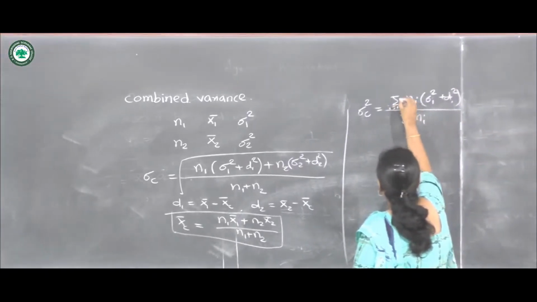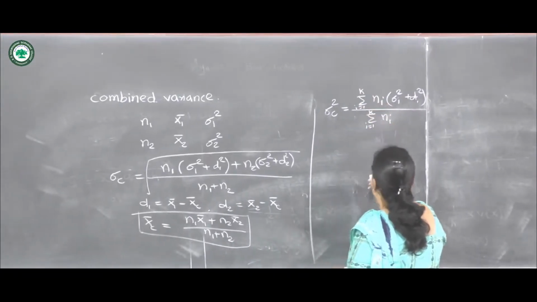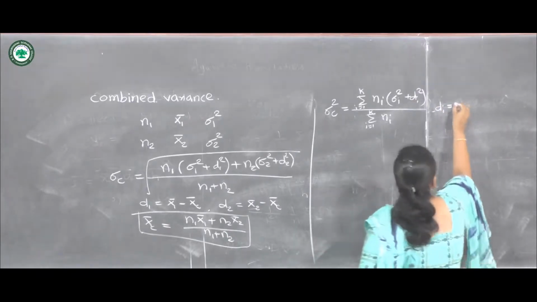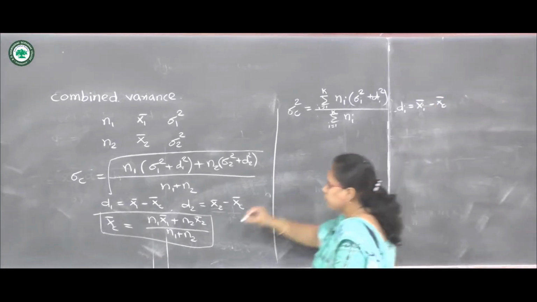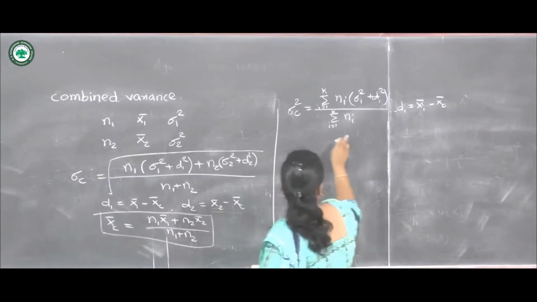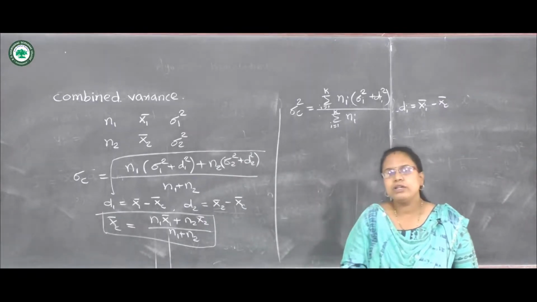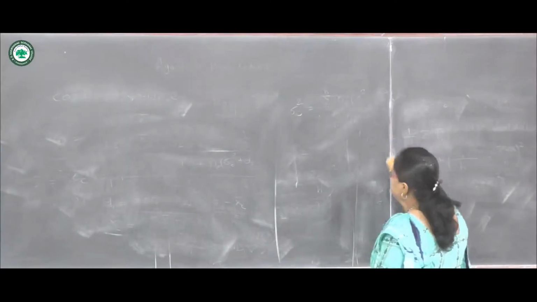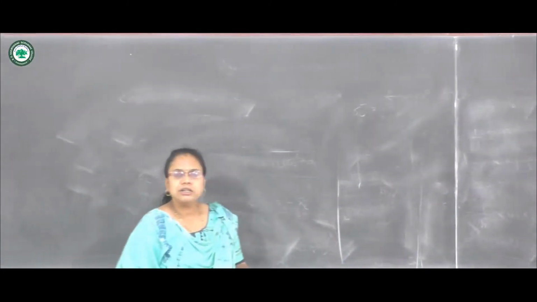Suppose there are k data sets, then i running from 1 to k will be there. Again di is the difference xi bar minus xc bar. So here we can calculate the combined variance or combined standard deviation for k data sets. So these are the properties.